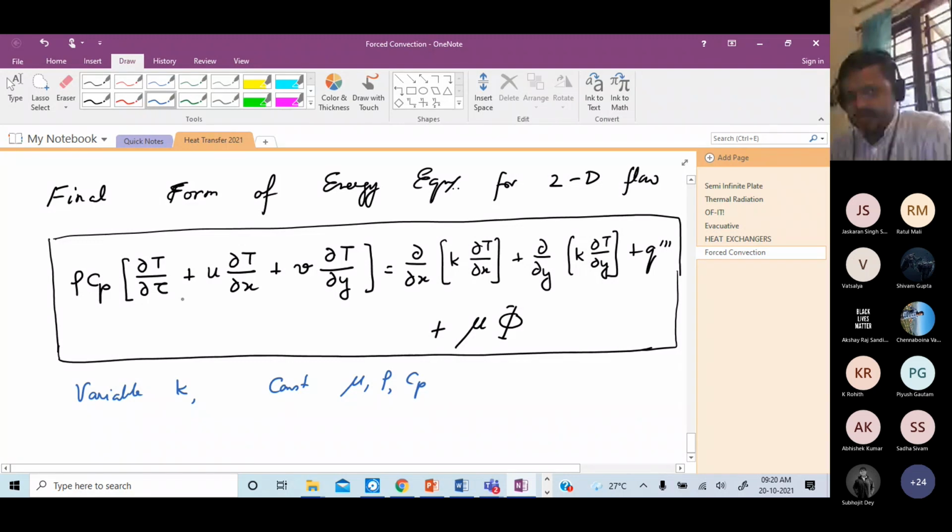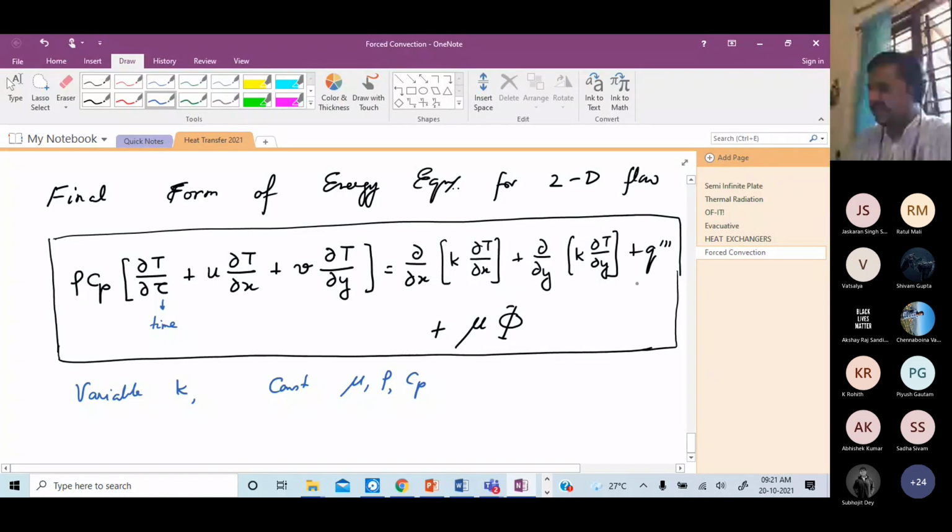This is time, not shear stress. Wall shear stress we will write as tau W actually. So this is time. U and V we know are the velocity components of the fluid in the x and y directions. Del x. k is the thermal conductivity of the fluid.